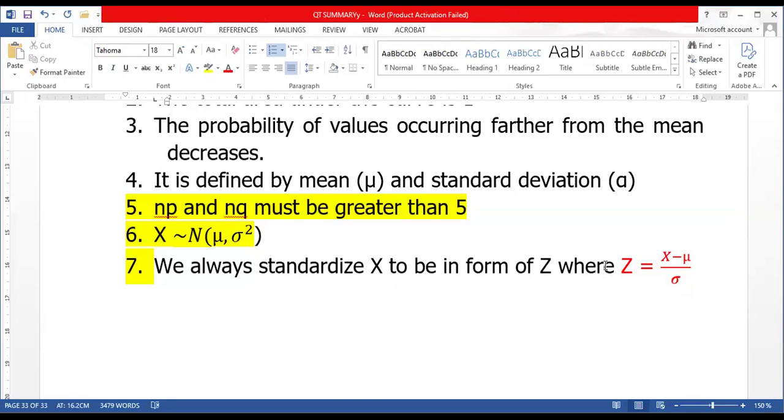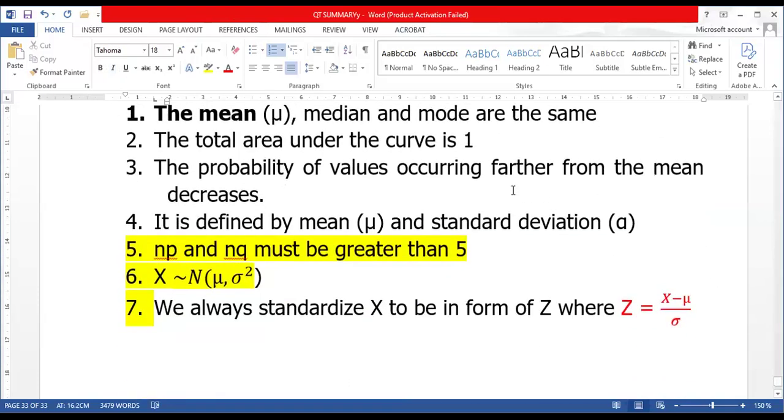Now, if you standardize 50, what do you get? You'll be following this formula: the x you want to standardize, that is, let's say, 50, minus the mean, over the standard deviation. That's how you will be standardizing.